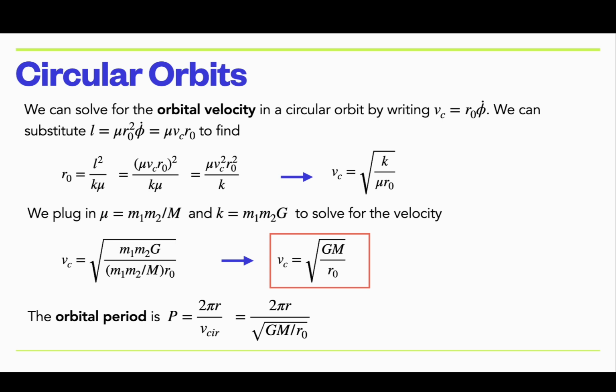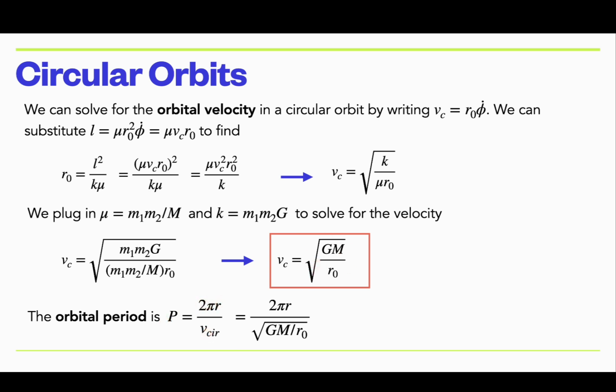So this is the circular velocity. If we want to figure out the period, that is how long it takes the planet to go around the sun, well, the period is the circumference divided by the circular velocity. So period is 2 pi r over the velocity.